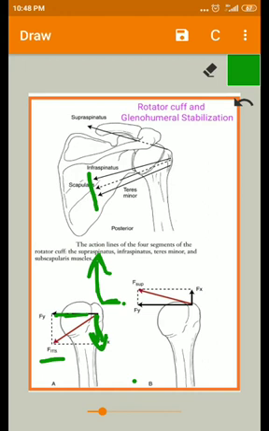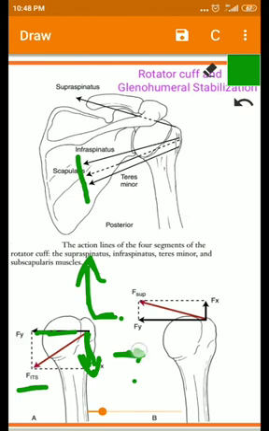Then the rotatory component, that is Fx, of the deltoid comes into action. So this force helps in the abduction of the arm. These perpendicular forces also cause some least rotation, which helps in increasing the momentum of the deltoid.